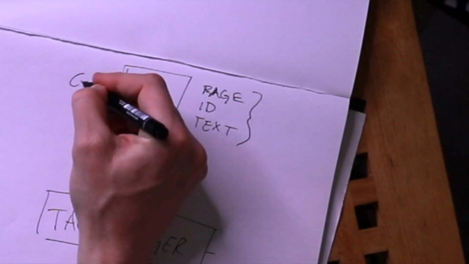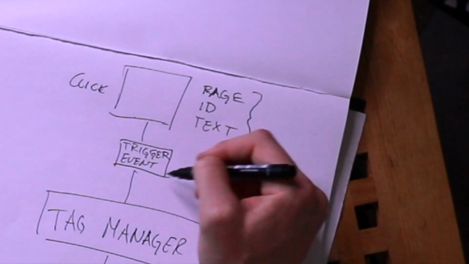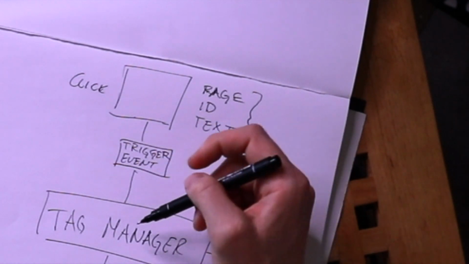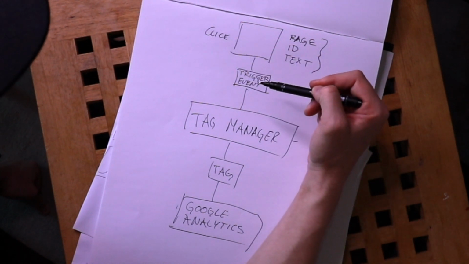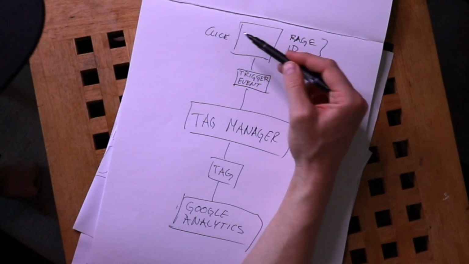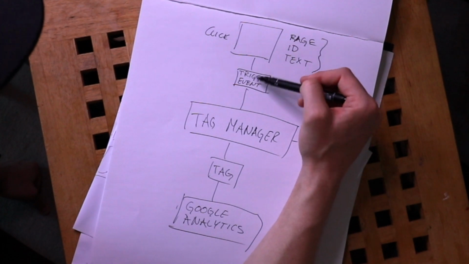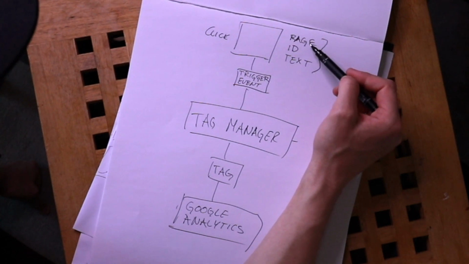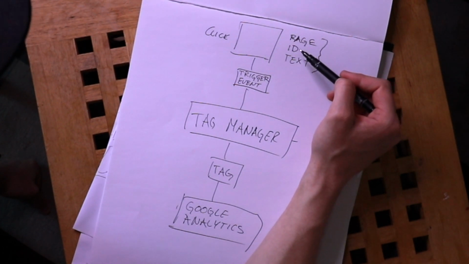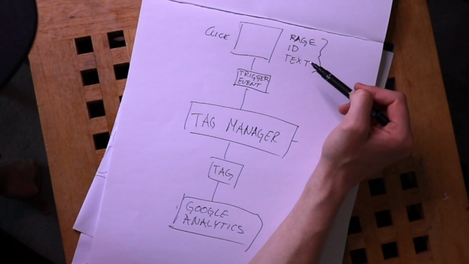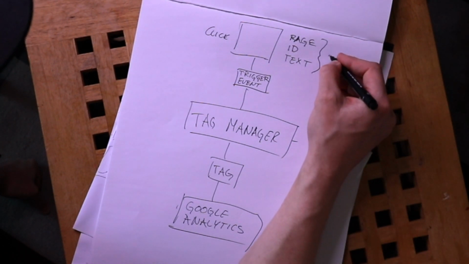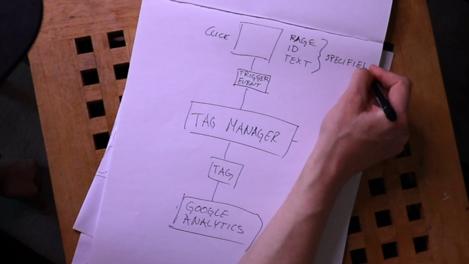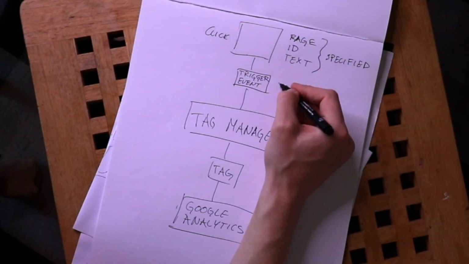So you're listening to a click here, and the trigger here that is connected to Tag Manager is listening to whenever someone clicks on your website, and then you define what clicks they are listening to by saying what page this click should happen on, what ID the button has, what text is in that button, and that makes it specified enough so that you can then collect the information.